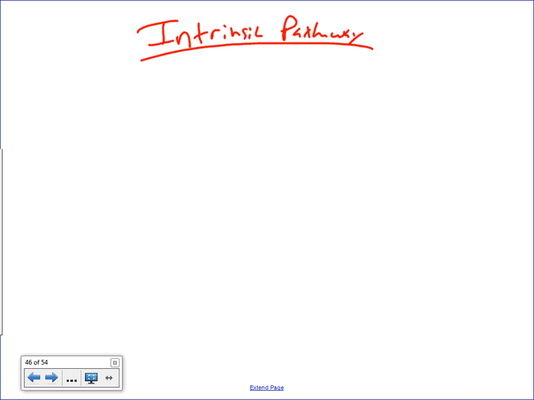The other pathway to do this is called the intrinsic pathway. The intrinsic pathway occurs because of contact with the damaged blood vessel itself. So let's say we've got a damaged vessel here.